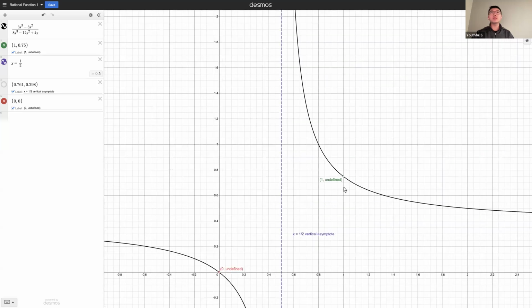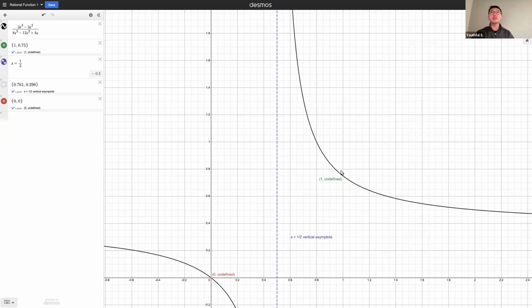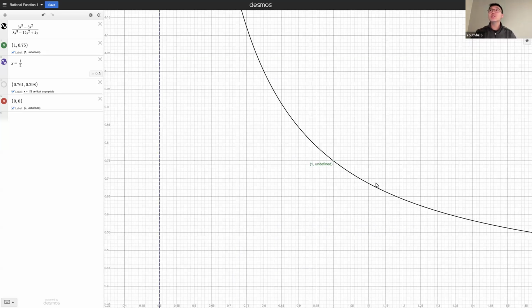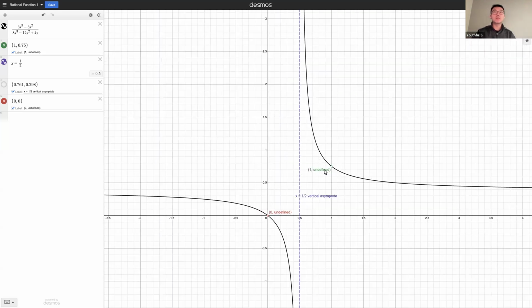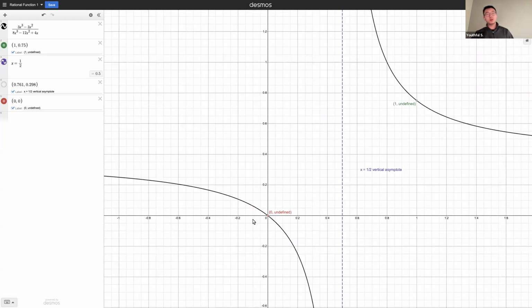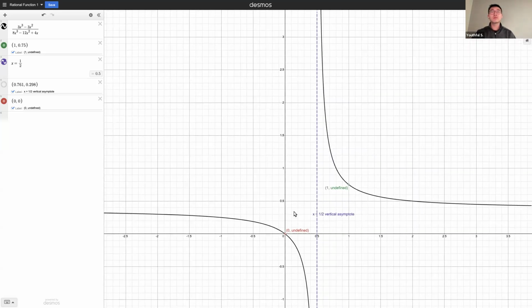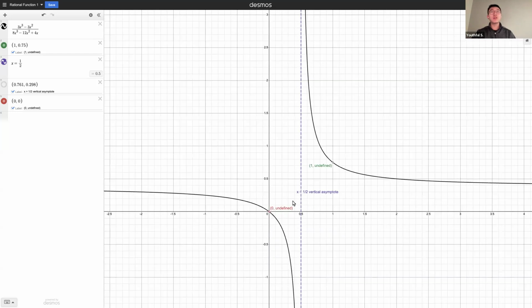But you don't have the same thing at 1 and 0. Instead, you have what's known as a hole. This empty, unfilled circle just means that there is no value at this point. So this is at 1 comma undefined. There is no point here on the graph. And this point here is also undefined. So these are called holes, and they are kind of different. So let's just remember that: 0 and 1 are holes.